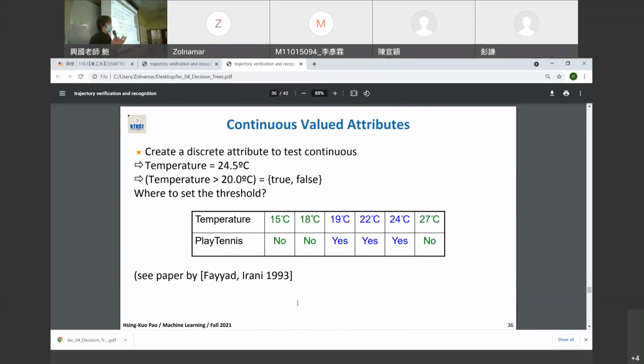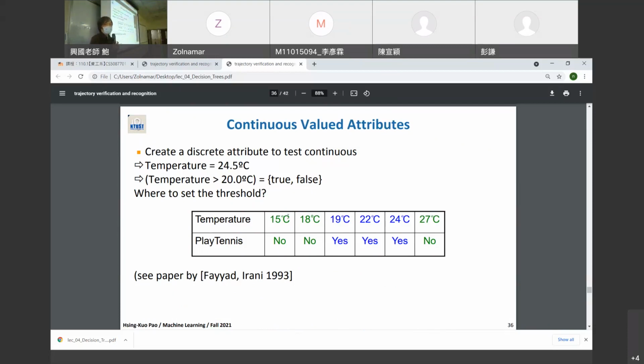Another topic now is continuous values. If we do have continuous values, how do we build a tree? Suppose one of the attributes is temperature. How do we deal with temperature?